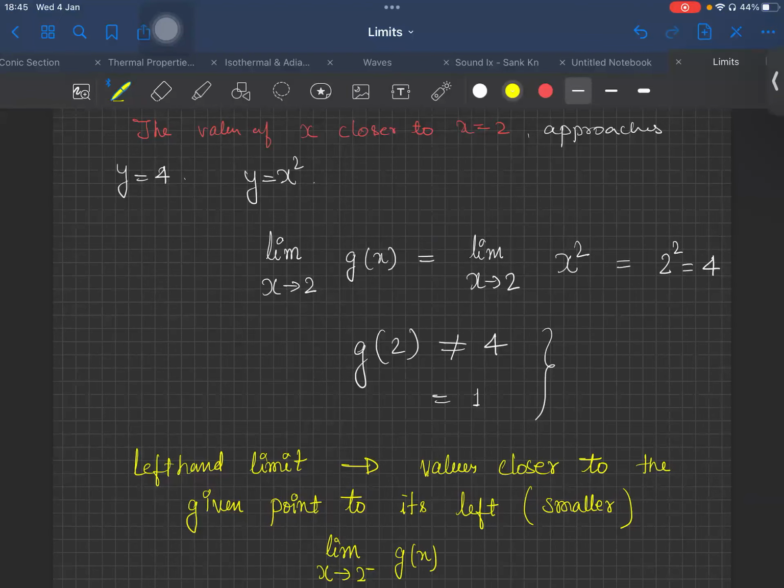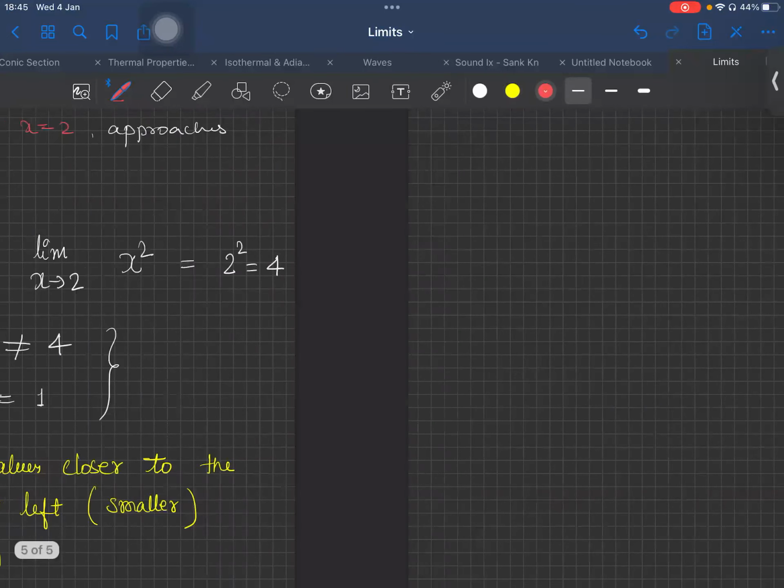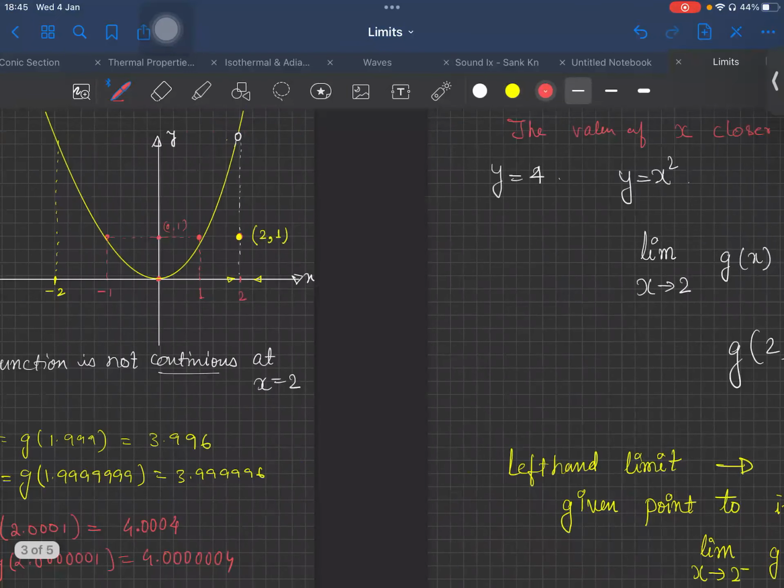And the right hand limit is called the right hand limit because it is approaching from the right hand side, the greater value.